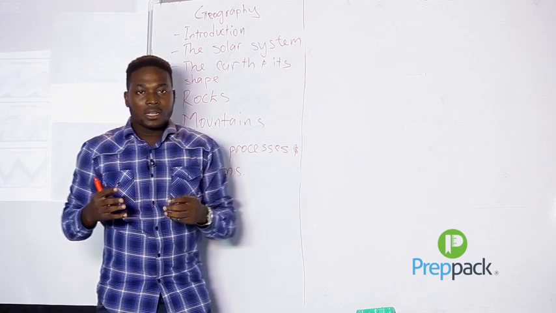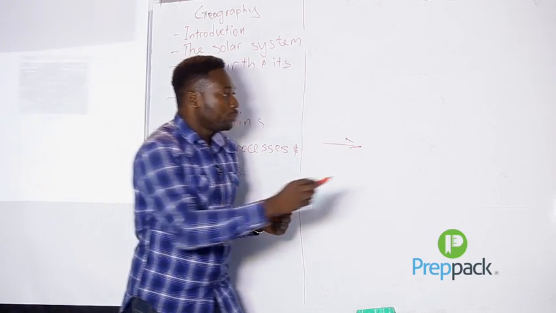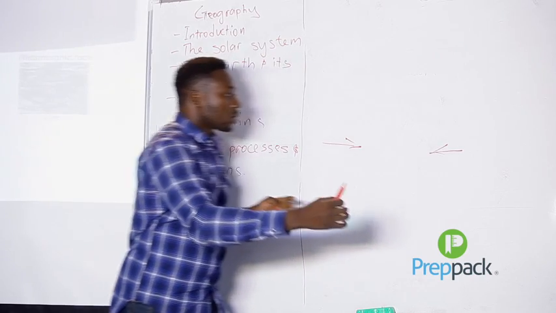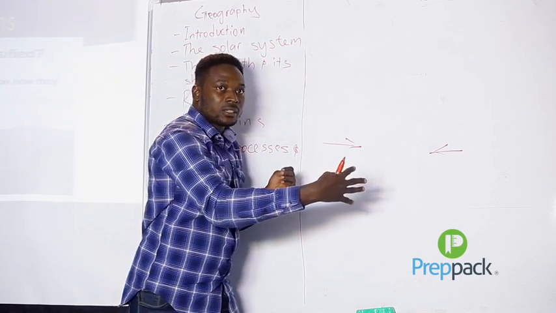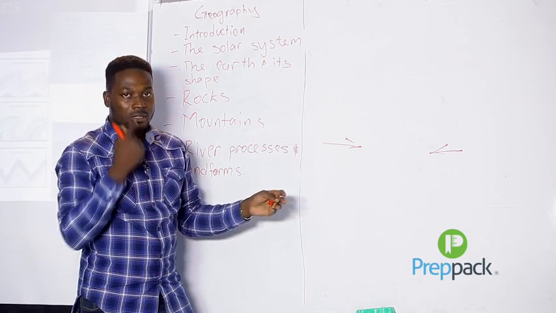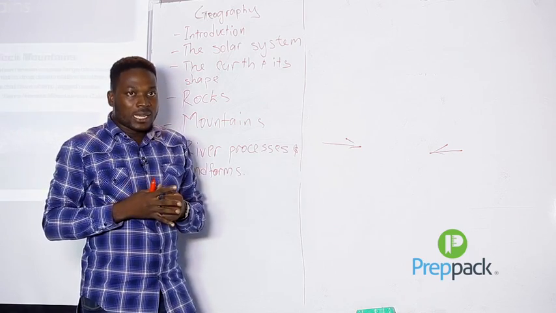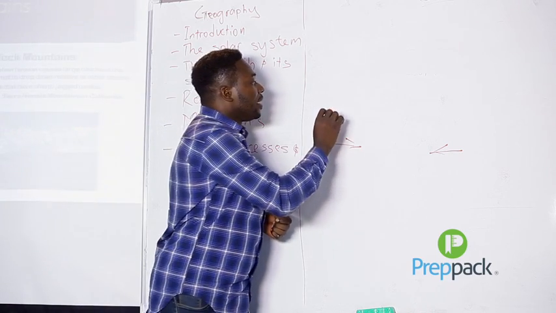Looking at the compressional forces, they are forces that push. So it's compressing on both sides of the Earth, within the Earth's crust. What happens as a result of this? The land pushes together, then it turns to become a fold.